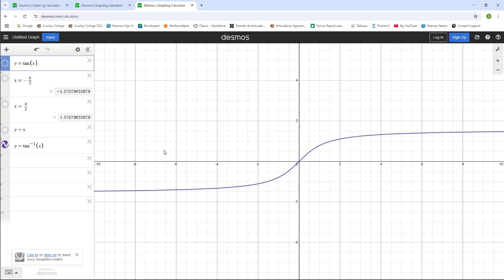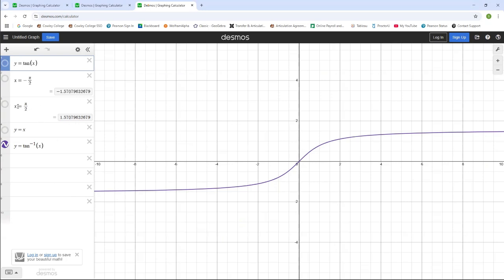So as we can see on the inverse tangent, x goes from negative infinity to positive infinity, but y is limited between negative pi over 2 and pi over 2.